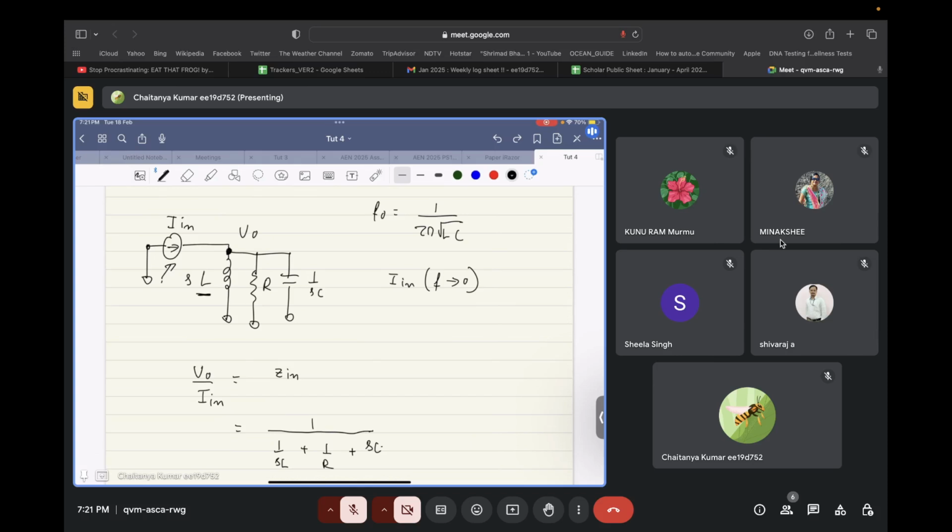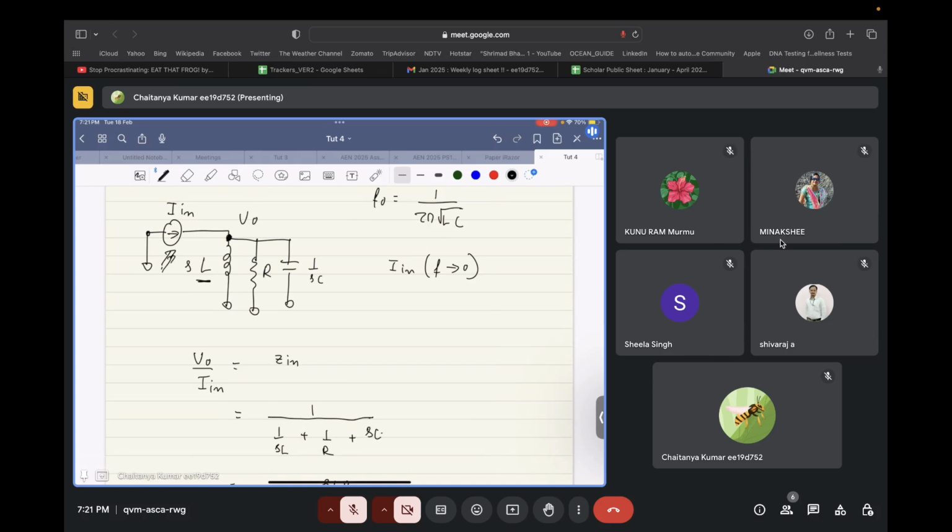Okay, but then we said that since this is a current to voltage transfer function, and in most of the circuits that we have seen, or most of our practical circuits, we want a voltage to voltage transfer function, we want a voltage to voltage filtering. So we needed to somehow convert this current into voltage. What basically can be done as a very simple way to convert voltage into current is to pass the voltage through a resistor, and that voltage divided by resistor will give you the current.